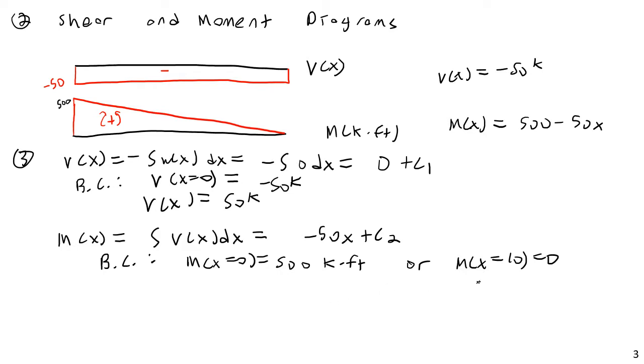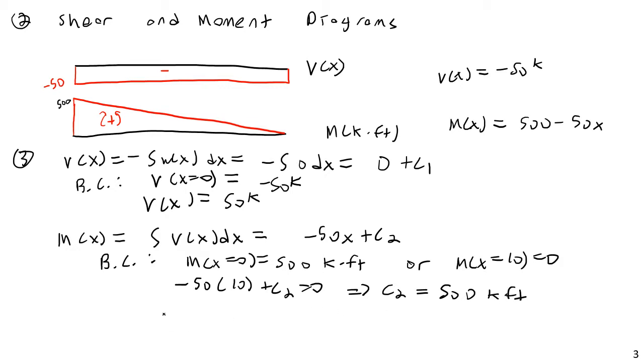So I'm just going to go ahead and use the 10 because that'll actually equal 0, so that'll be kind of nice. Basically the moment at the free end must be 0 unless there is a couple at the end of it. So -50 times 10 plus C2 is equal to 0, which leads us to C2 is equal to 500 kip feet.